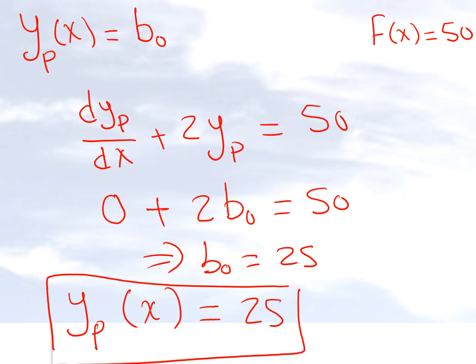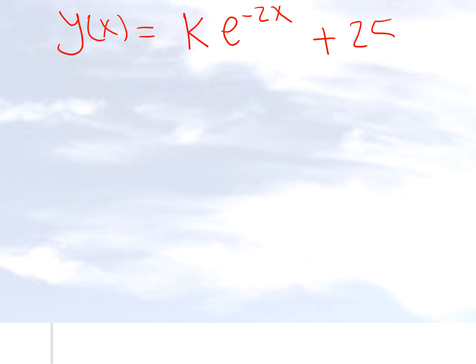Now we have the two components, the particular solution and the homogeneous solution. We add them to get the exact solution. The exact solution, y of x, is equal to the homogeneous part, k e^(-2x), plus the particular part. Now we have this unknown k. We solve it using the initial condition. We have y of 0 equal to 40. So we plug x equal to 0 into that equation and equate it to 40.